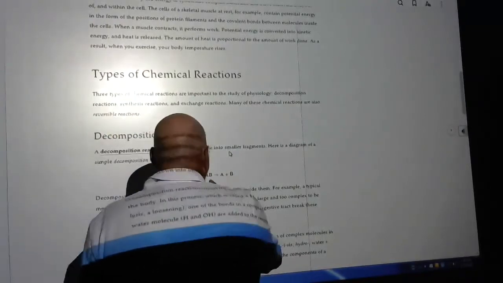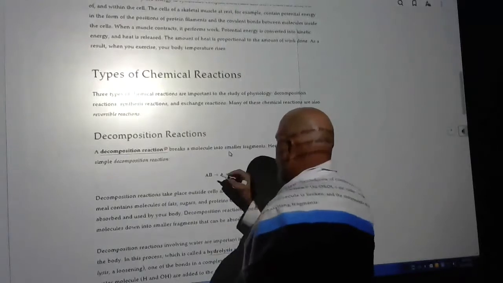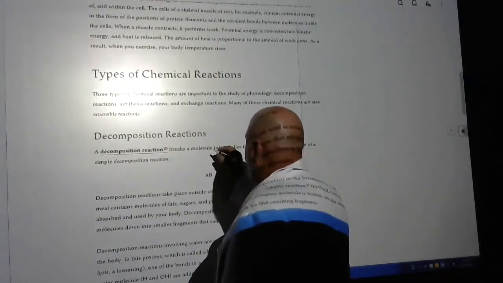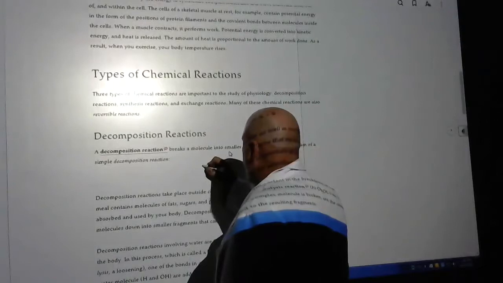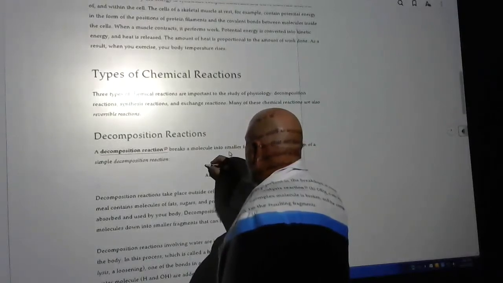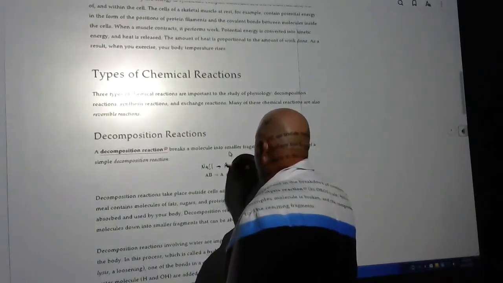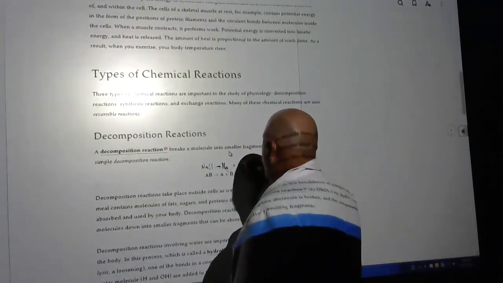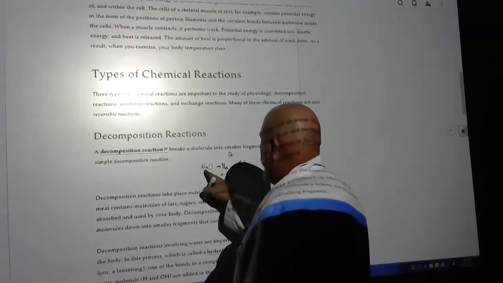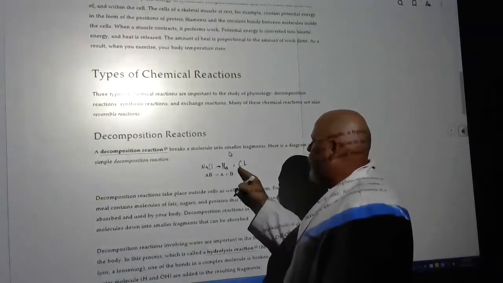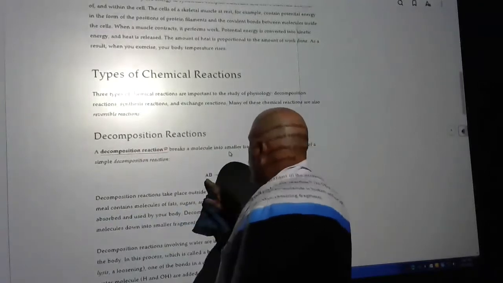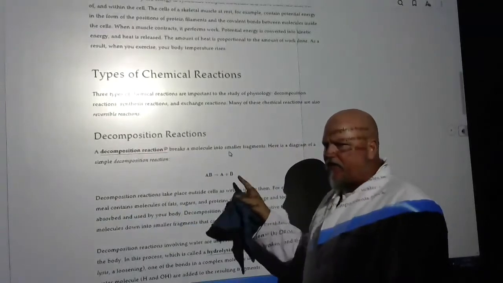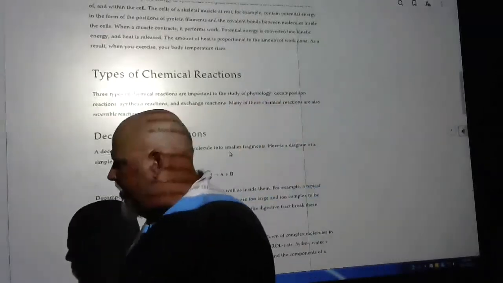Just a quick and easy one, very simple: NaCl yields Na plus Cl. You see we're breaking down sodium chloride into sodium and chlorine. You just use the letters for right now to help yourself understand what the process is.